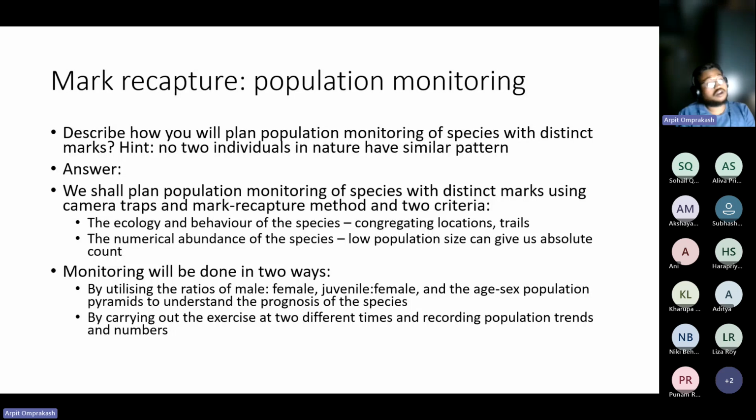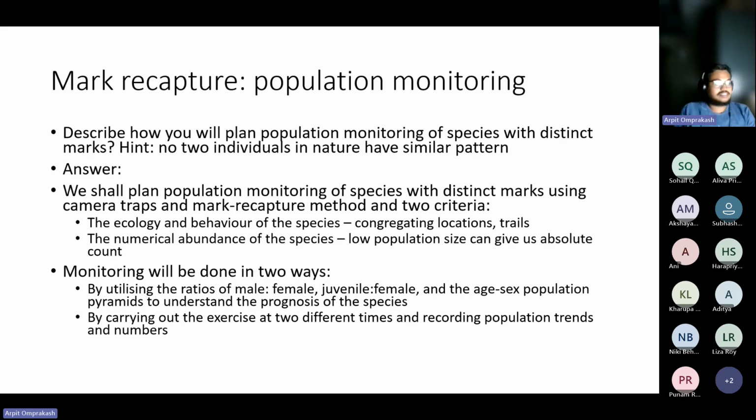If the number of individuals of the species is not that high, and we can identify individuals, we can actually count all the individuals of that species, which is something that has been done for tigers. Almost all the tigers in India have a name and they can be distinguished based on their stripes.